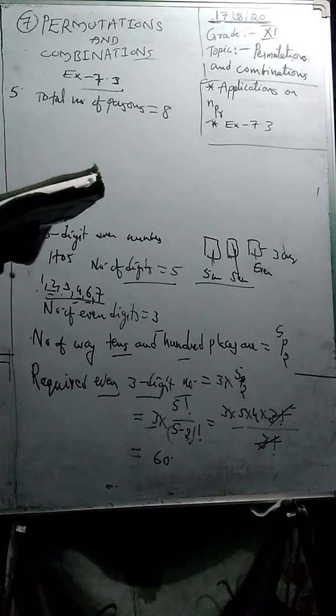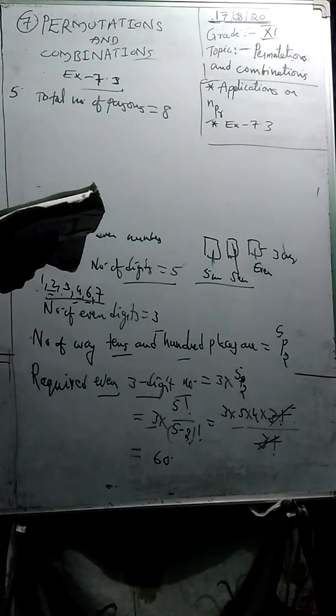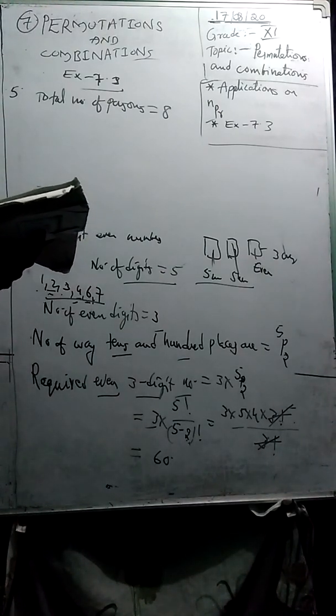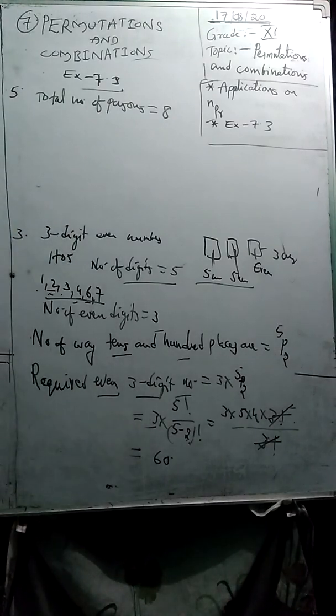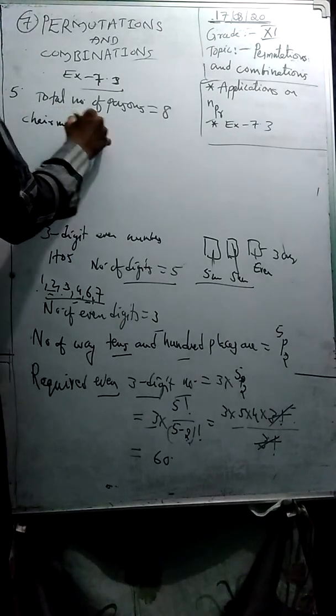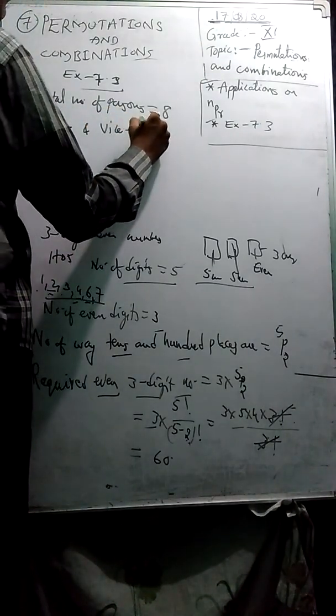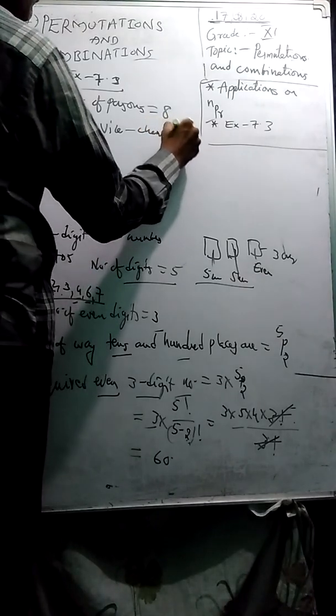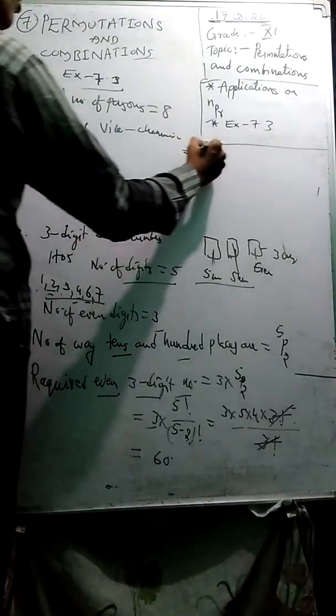Out of 8, in how many ways can we choose a chairman and vice chairman, assuming one person cannot hold more than one position? So we have to take one chairman and one vice chairman from this. So 2 positions are there, totally 2 positions.